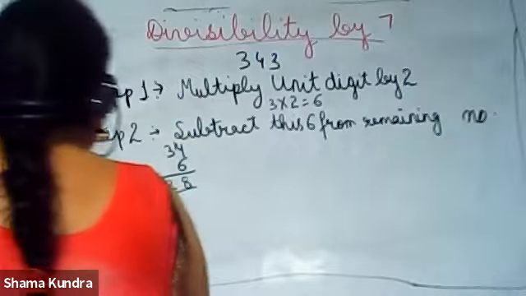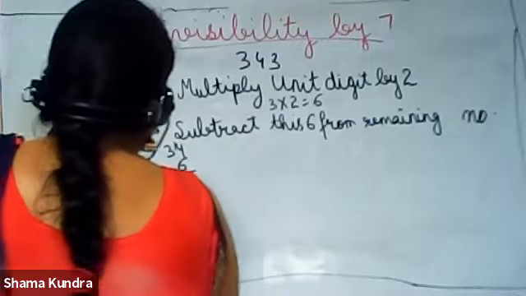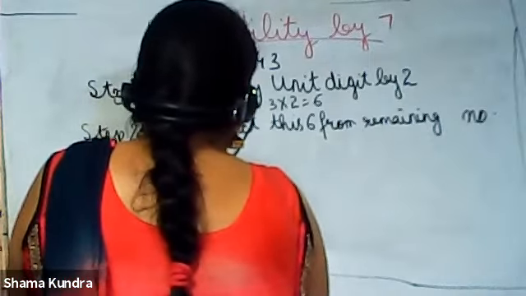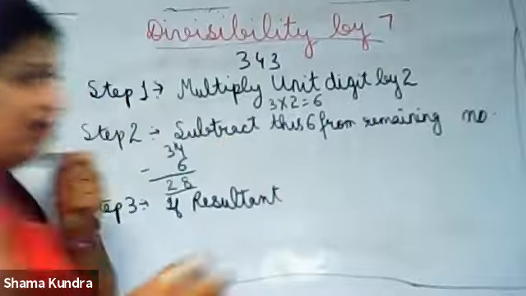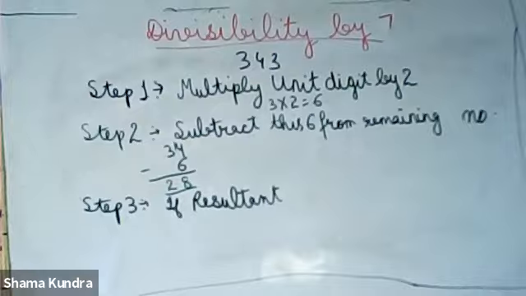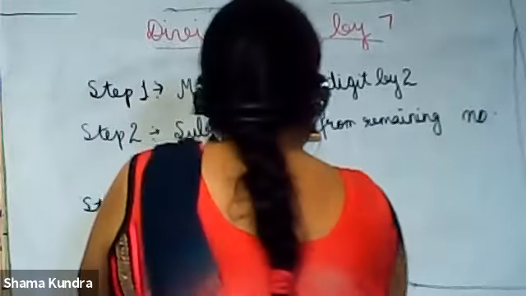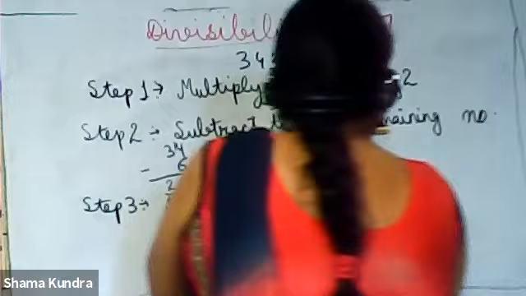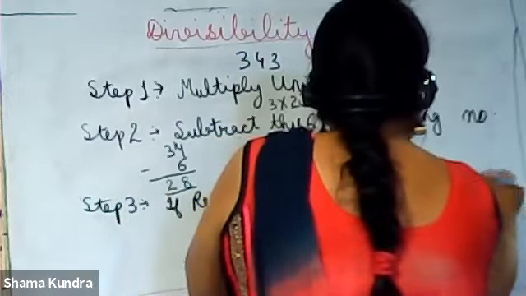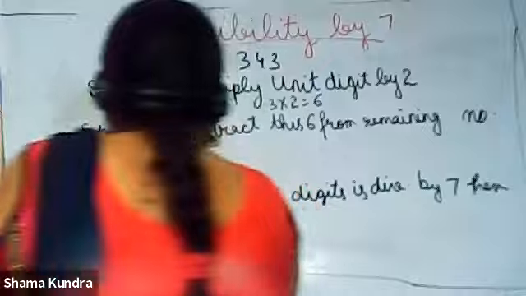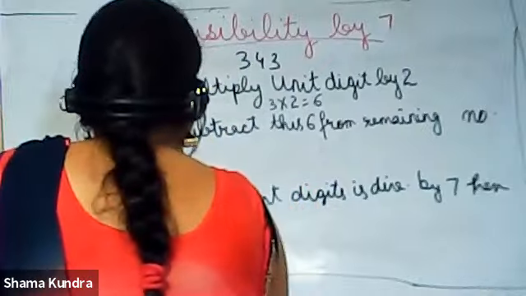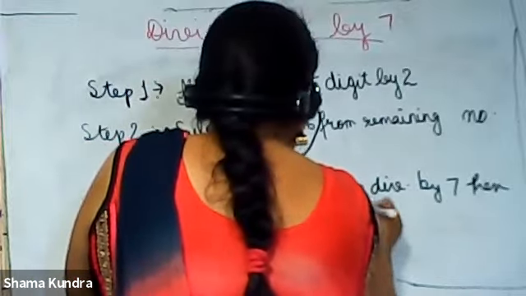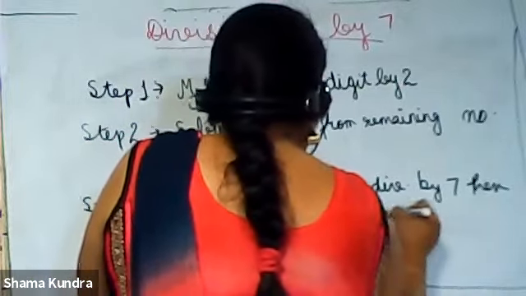Next, step 3 is: if the resultant, like here the resultant is 28, if the resultant digits is divisible by 7, then the given number is divisible by 7.